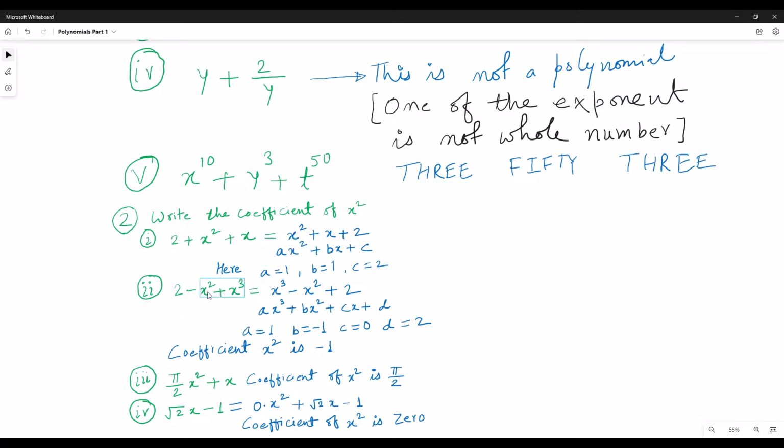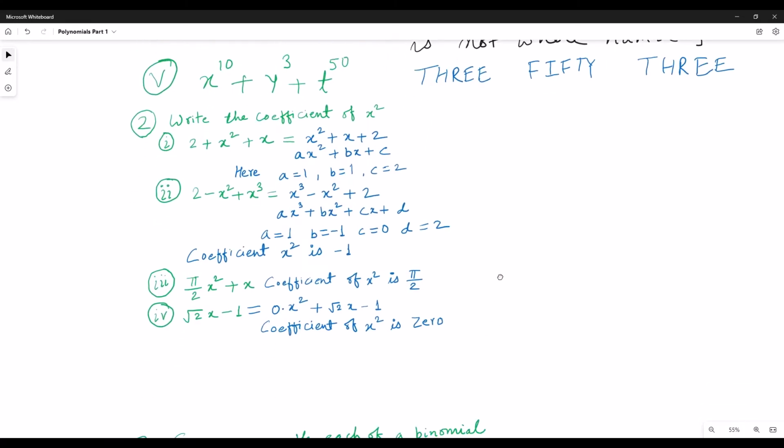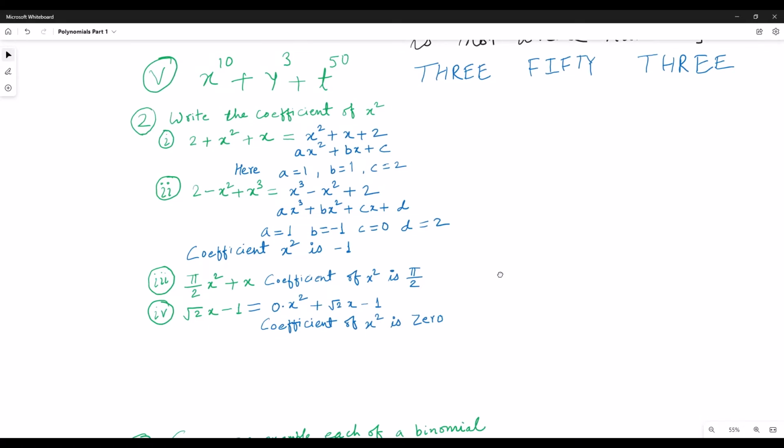The coefficient of x square in the next expression is minus 1. To understand it, I have written it in the form of ax cube plus bx square plus cx plus d. Here a is 1, b is minus 1, c is 0, d is 2. So that is a cubic polynomial, and the coefficient of x square is minus 1. You can say it directly from here.